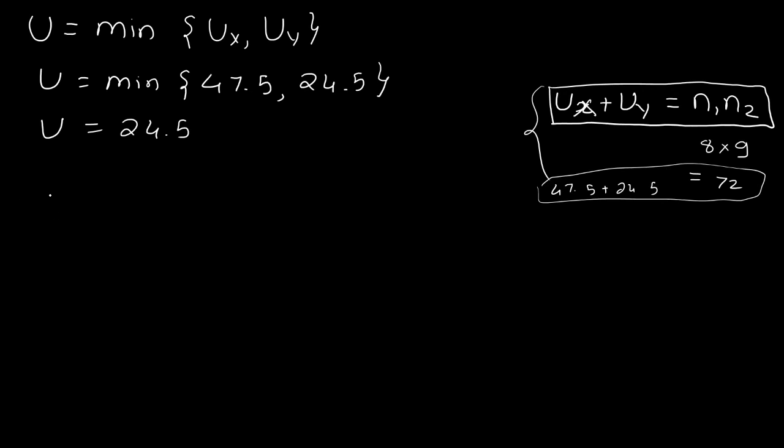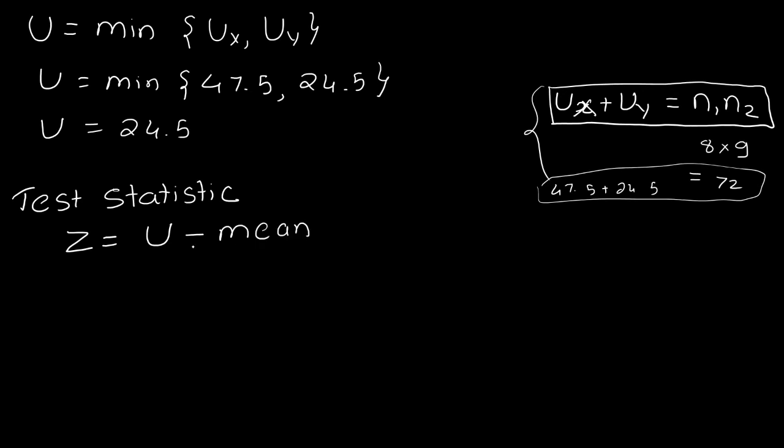Now once you have calculated this U, I will just explain how to go for the test statistic. These test statistics will be used at many places for further tests also. My test statistic is Z equals U minus mean upon standard deviation. In this case, U is the thing which we have found, U is 24.5.